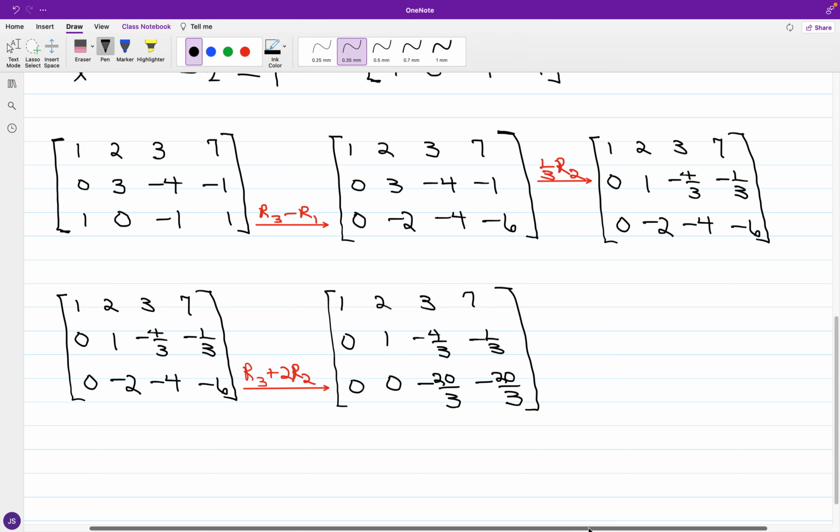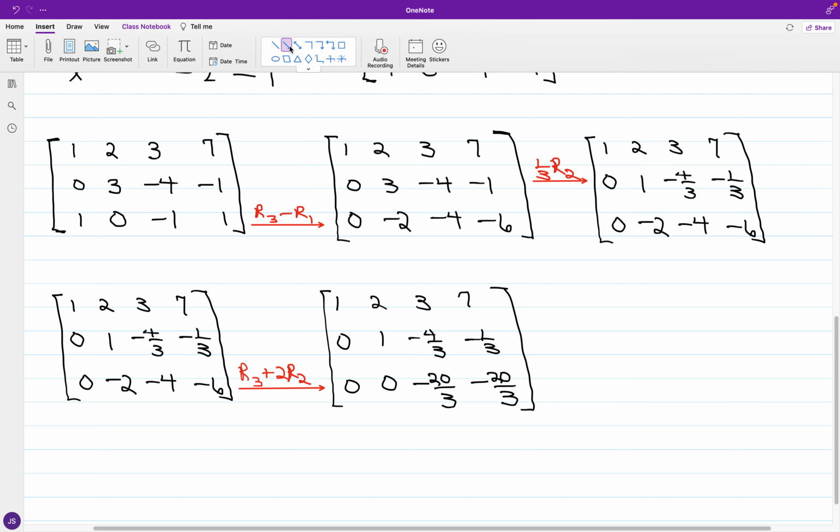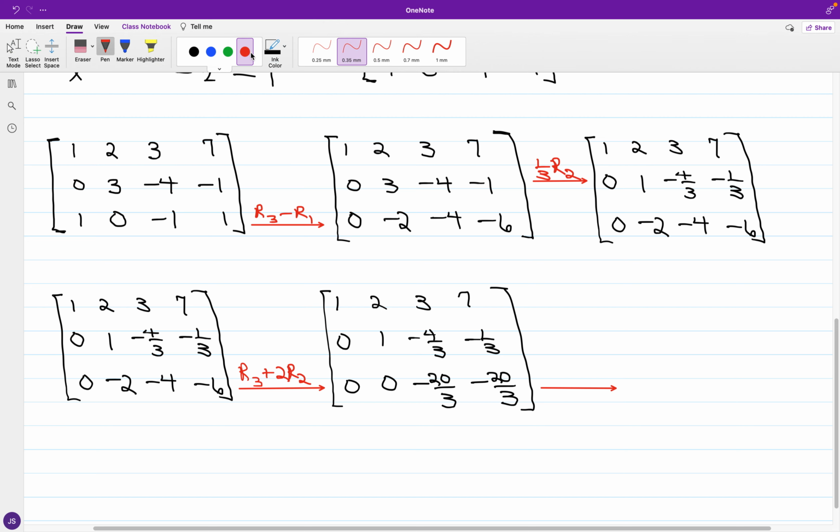I almost have the row echelon form. I can make this -20/3 into a 1, and I can get rid of this non-integer, so I can multiply the third row by -3/20.